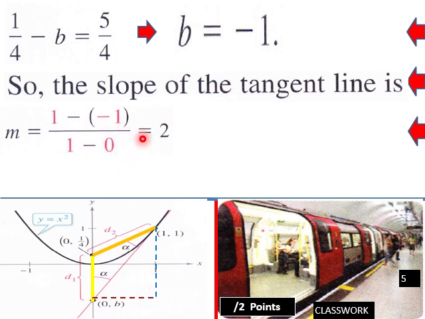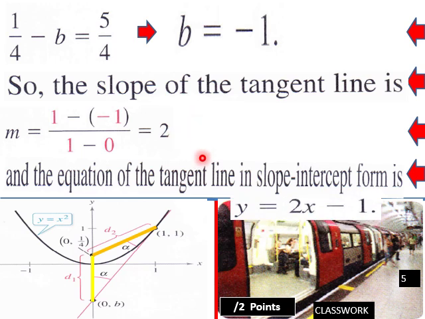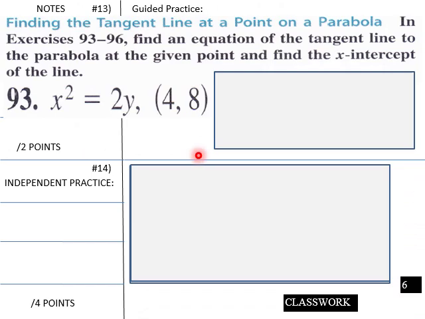So it's 2/1, which is 2. It's a positive slope. It's rising from left to right, so you know it's positive, right? So the equation of the tangent line in slope-intercept form, we know the slope, is y equals 2x minus 1. Here's our y-intercept down here, which is -1. So we got that.